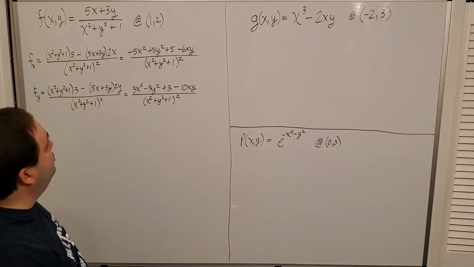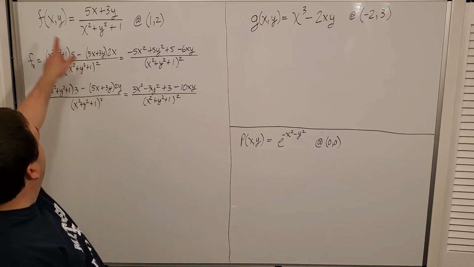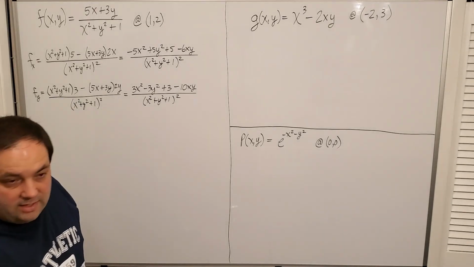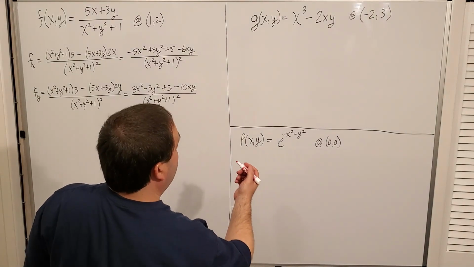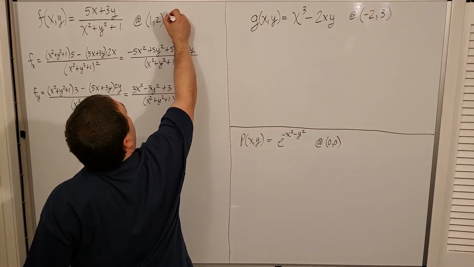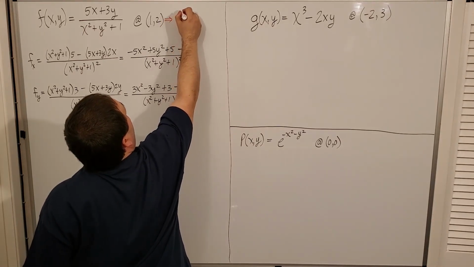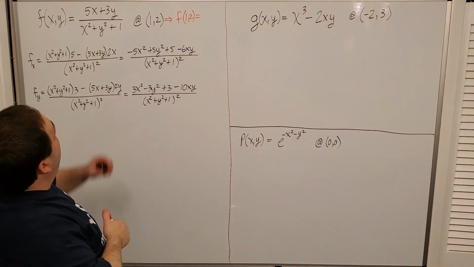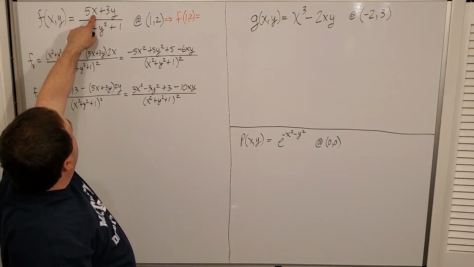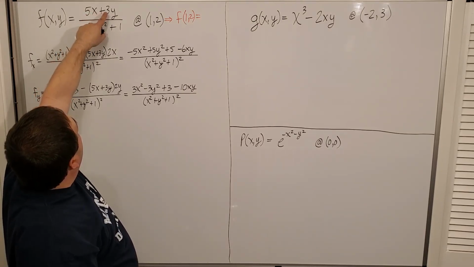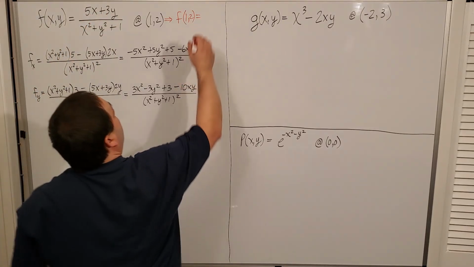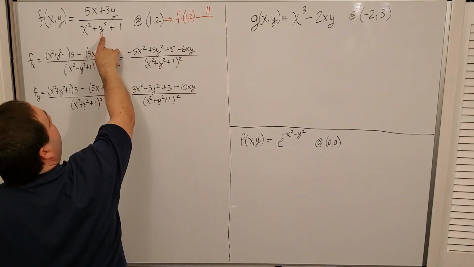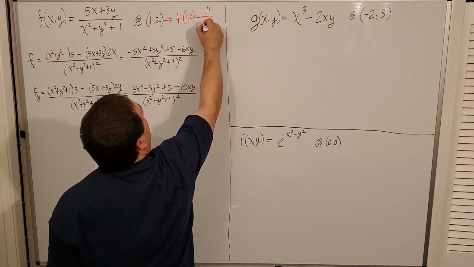Okay, so I've got my partial derivatives here. I'm going to be interested in the function value at 1, 2, because I've got to have my z value to make the line and the plane. So from here, I would do f of 1, 2, right? F of 1, 2 is just going to be 5 plus 6 is 11 in the top. And then 1 plus 4 plus 1, 6 in the bottom.